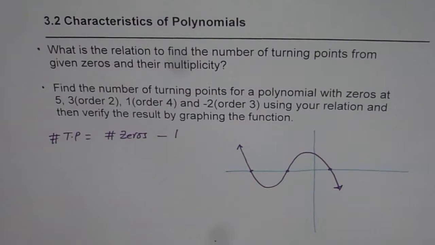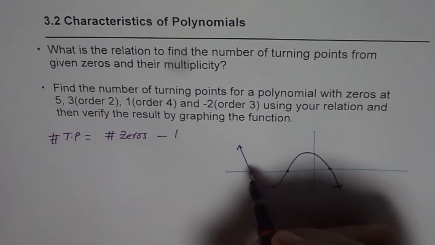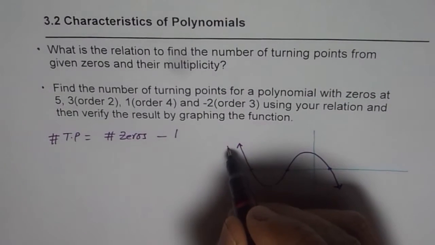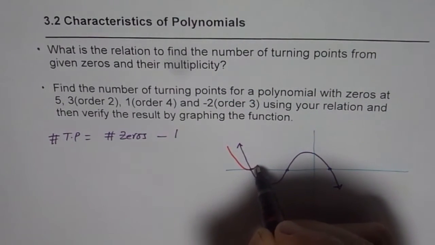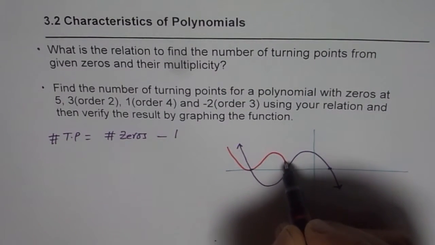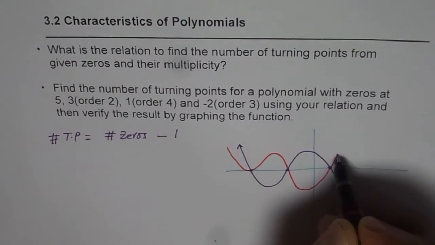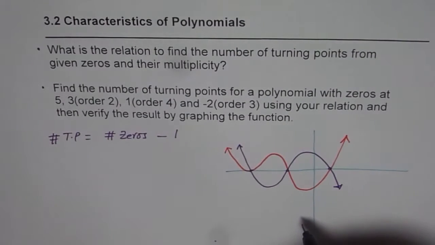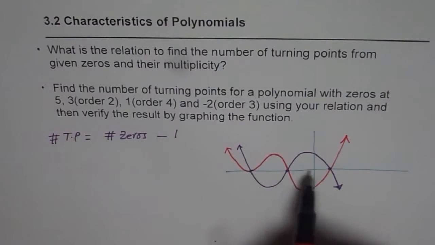That is one part to it. Now this particular philosophy doesn't last for long. For example, if I have a turn at the zero, then what happens? Now consider this graph. We turn here. Now in this case, how many turning points are there? We still have 3 zeros.